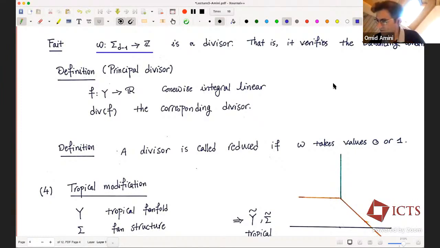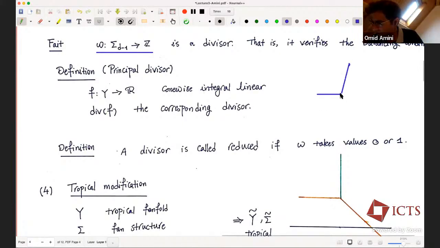For example, if you are in dimension 2, imagine that this is your fan. The divisor here is, for example, the data of putting 3 here, 1 here, and 2 here, such that this vector plus twice this vector, these are the primitive vectors of the rays, plus 3 times this vector, add up to 0. So these rays with these numbers form a divisor.